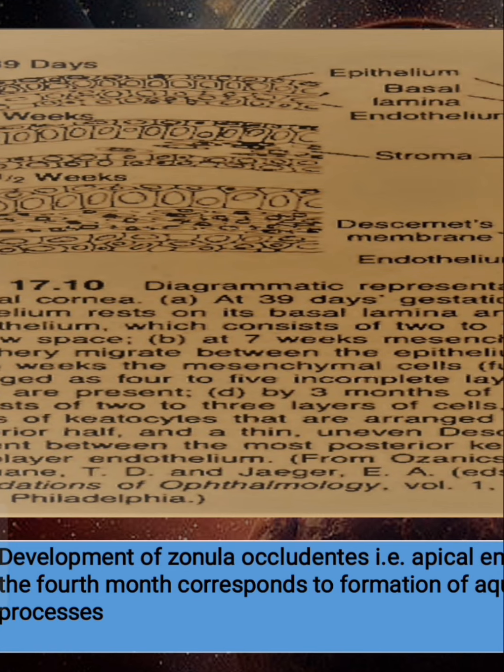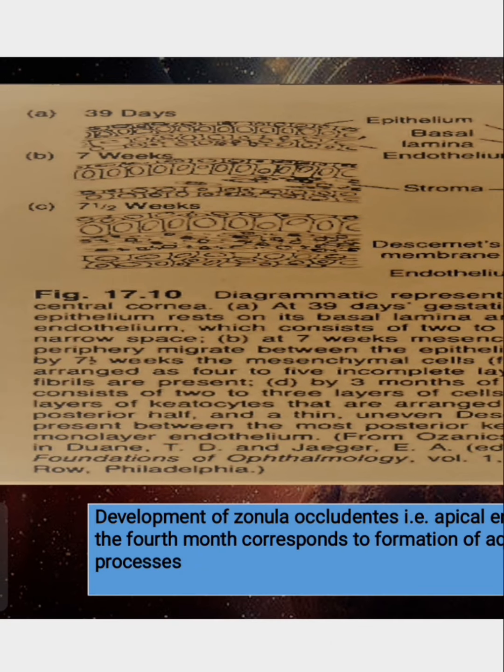This is the primordial endothelium, which is derived from the first wave of the neural crest cells, and it is made up of two layers. The normal adult cornea is made up of a single layer of endothelial cells. So these two layers of cells, epithelium and the endothelium, are separated by the narrow space in between them.